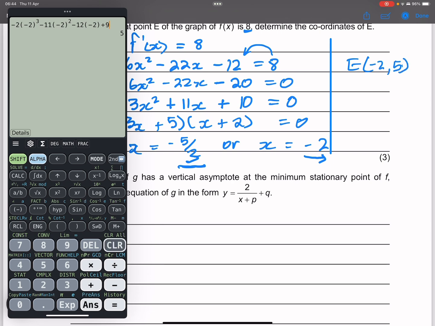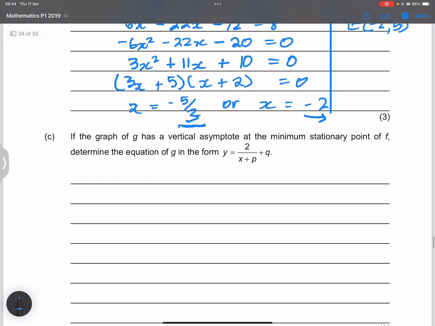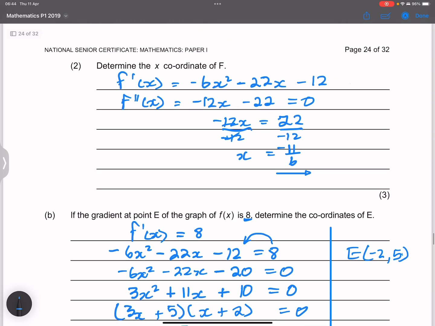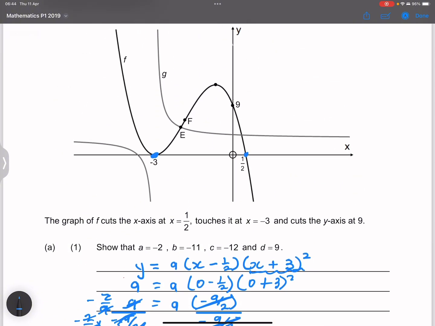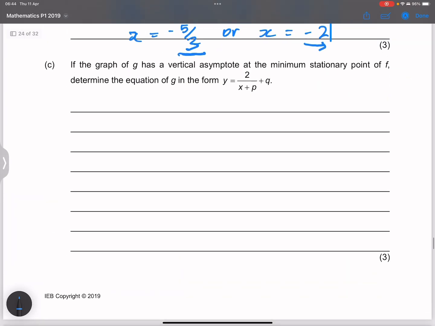Okay, right, now they say if the graph of G has a vertical asymptote at the minimum stationary point of F, determine the equation G in the form y is equal to 2 over x plus p plus q. Now, they say to us the vertical asymptote is at the minimum stationary point, right?